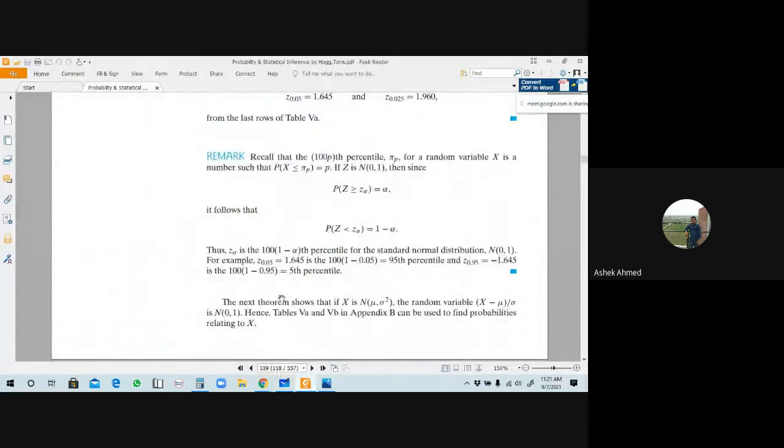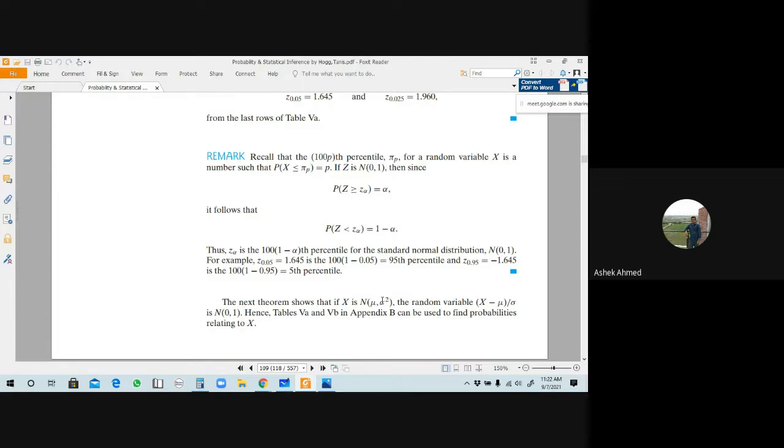Now we will see the next theorem here. The next theorem shows that if X is N of mu comma sigma square, so from here we can say that X is a normal variable. The standard normal variable is X minus mu by sigma, that I have already discussed some time before. If you subtract mu from X, and sigma is the standard deviation.